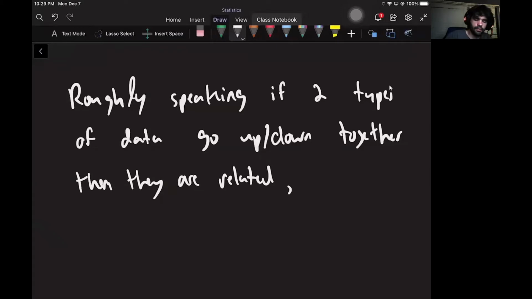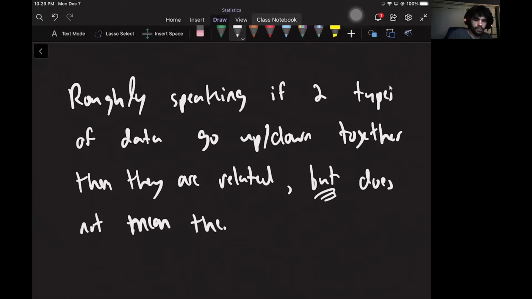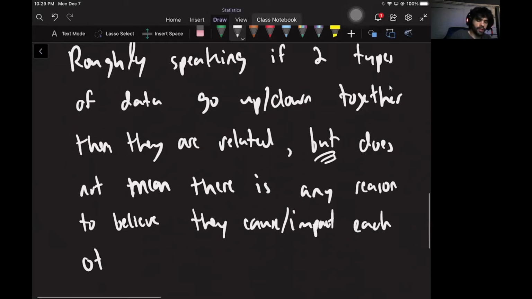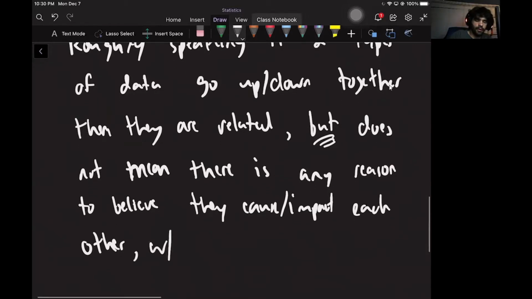But very important, so underline three times: this does not mean there is any reason to believe that one causes the other, or that they cause or impact each other. This is what I was talking about before. This happens a lot. So you need further explanation.